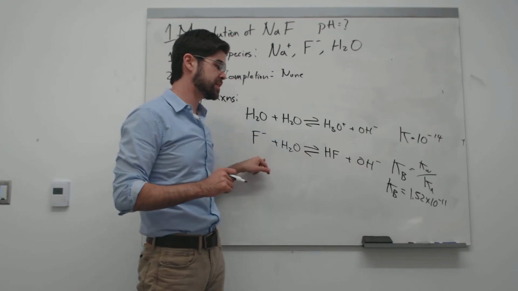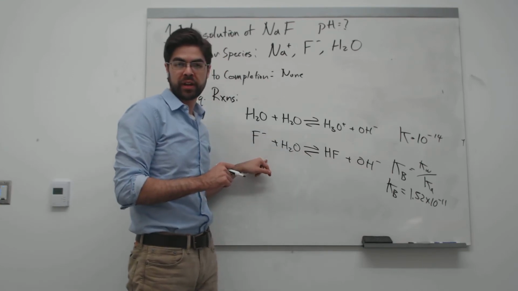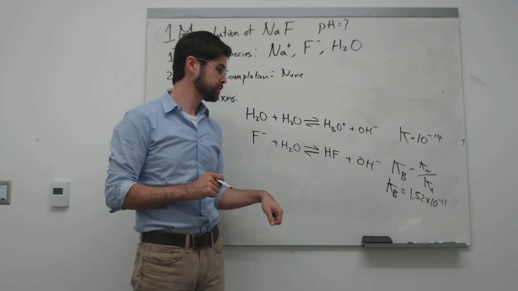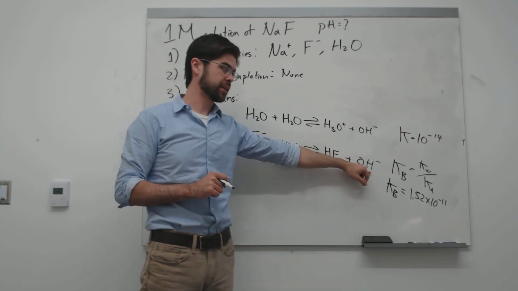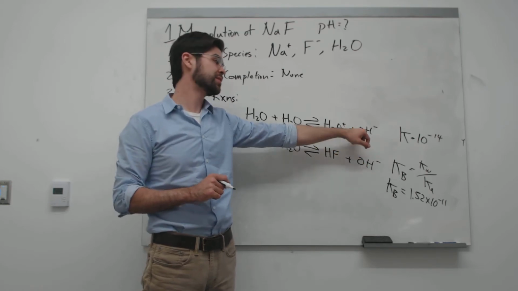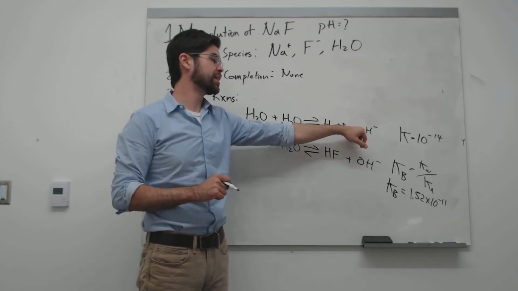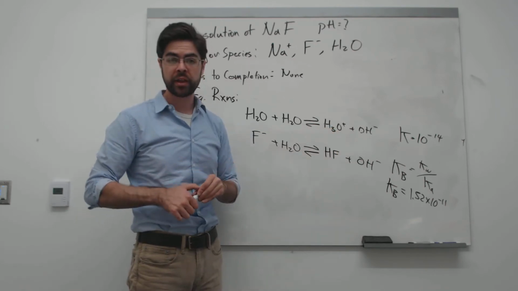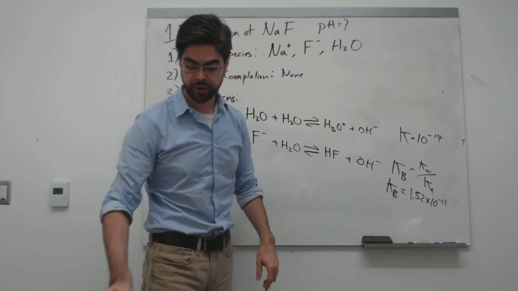So I can solve this equilibrium problem with an ICE box calculation, get the hydroxide ion concentration, and once I know it, that sets the hydronium concentration through the autoionization of water.